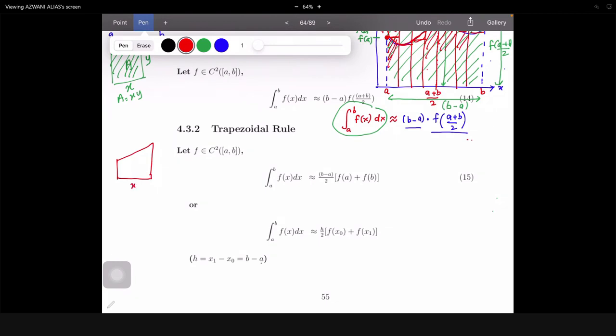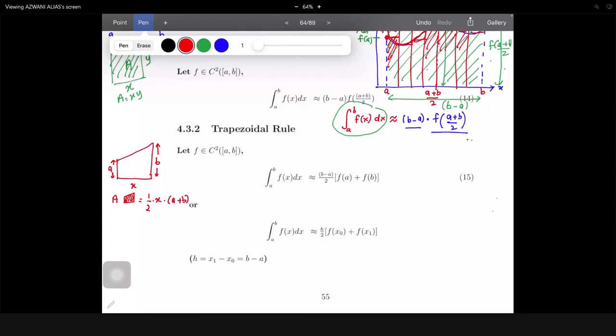Let's say we have the base X, and we have different heights A and B. So do you remember the formula for finding the area of a trapezoid? The area of a trapezoid. It is 1/2 multiplied by the base X multiplied by A plus B. Right? Good. So that is the trapezoidal formula, the formula for finding the area of a trapezoid.